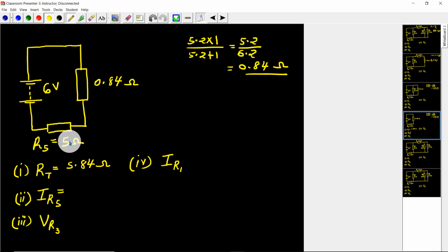The current through R5 is the current through the 5 ohm resistor, so that current will be flowing this way, and it is the same current which flows back to the battery, so it happens to be equal to IT. One way of working out IT is to get the total voltage, which is 6 volts, divided by the total resistance, which I've got as 5.84.